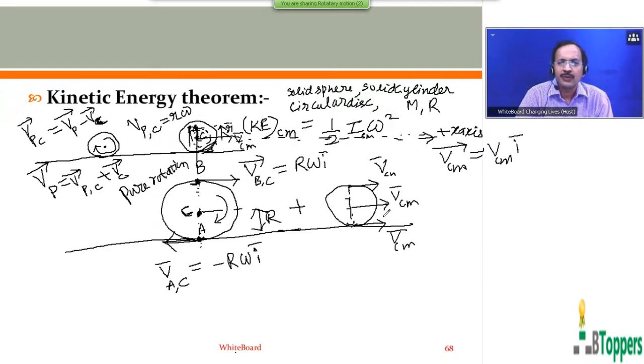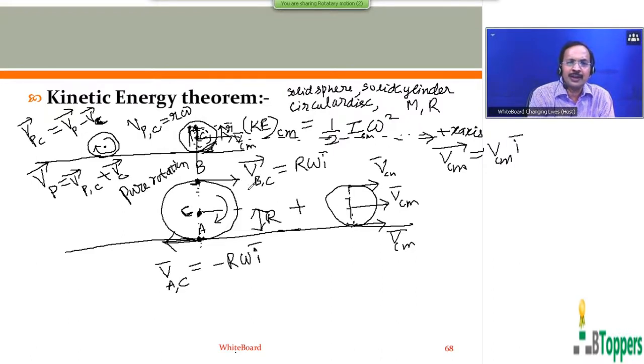That means the cylinder does not roll, does not rotate, just slips without rotating and without rolling. In that case, theoretically, if it performs pure translatory motion, this will be the situation. So the actual velocity of any point of the body is equal to the vector sum of velocity of the point with respect to center of mass in pure rotation plus velocity of center of mass.